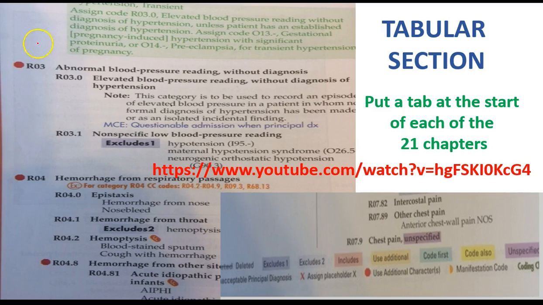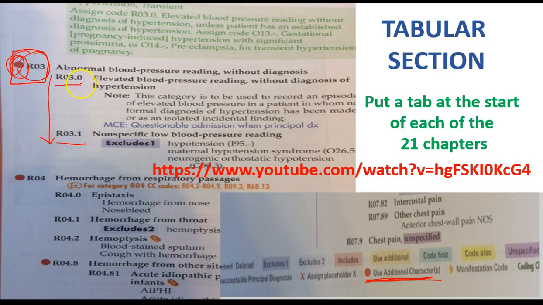But R03 is the category for these codes, and we see a circle here at R03, so we know because of that circle, which means if you look at the bottom of your page that you need to use additional characters. So the additional characters are listed here under the category. So it's either going to be R03.0 or R03.1 for the R03 category.